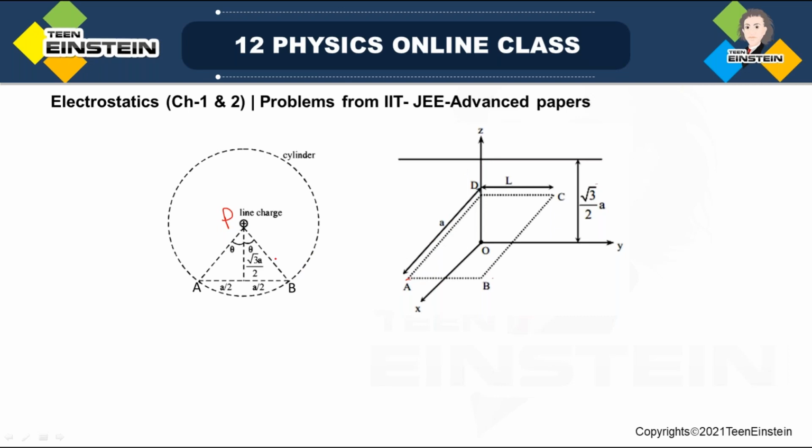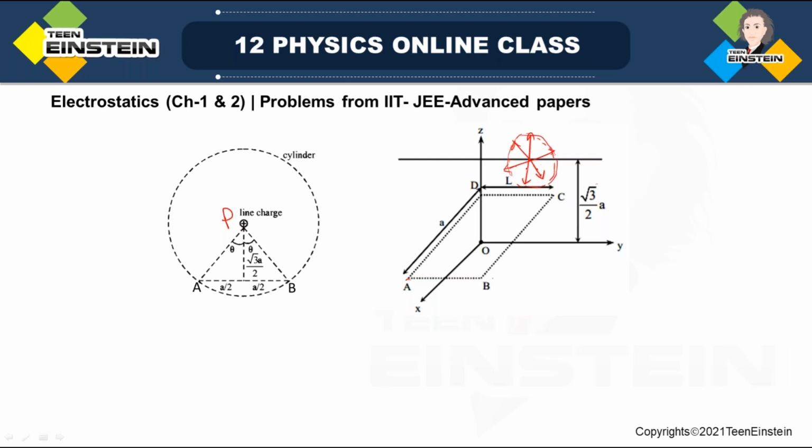You might be a little surprised why we are doing this. In this line charge, the electric field has radial symmetry, uniformly distributed, with field lines emerging out in 360 degrees in all directions.